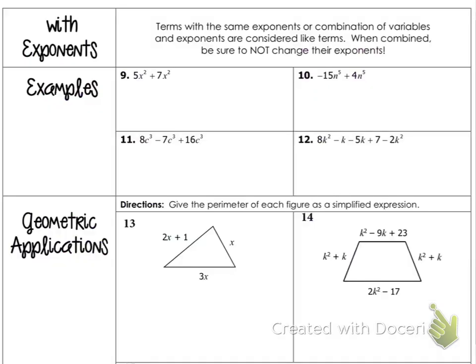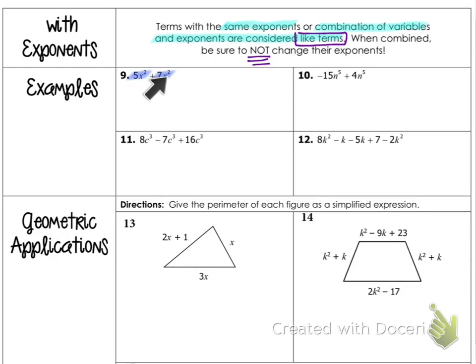Okay. Let's look at some with exponents. Terms with the same exponents or combination of variables and exponents are considered like terms. When combined, make sure not to change their exponents. For example, number 9, notice how both of them have x squared.